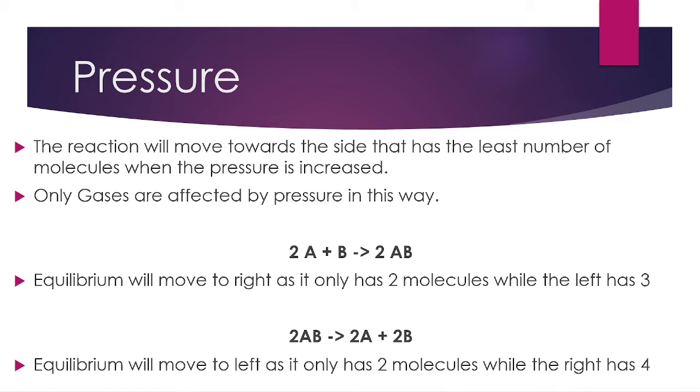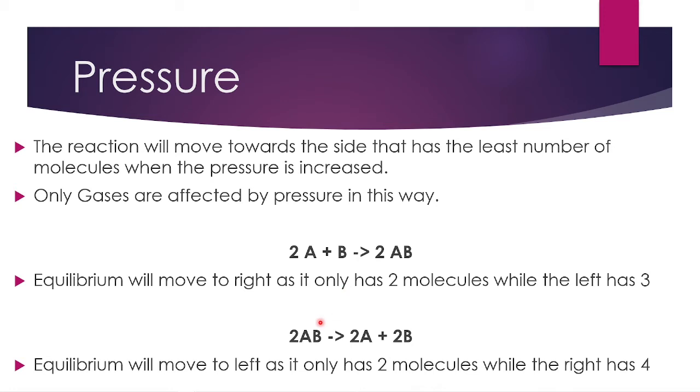So the first example, 2A plus B goes to form 2AB. Equilibrium will move to the right as it has only 2 molecules while the left has 3. So we've got 2 copies of an A and a B, or 2 of A and B together. There's only 2 molecules on this side, so there's more room there. The molecules are trying to get to that side.